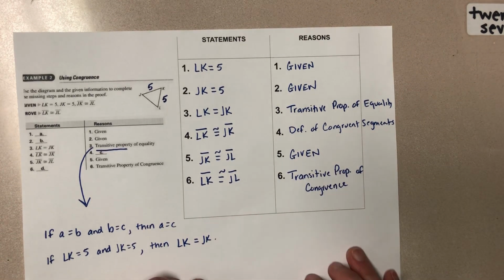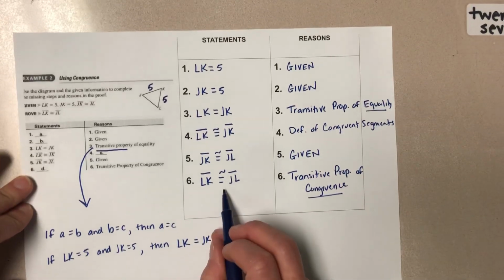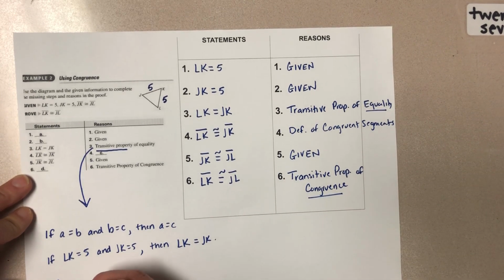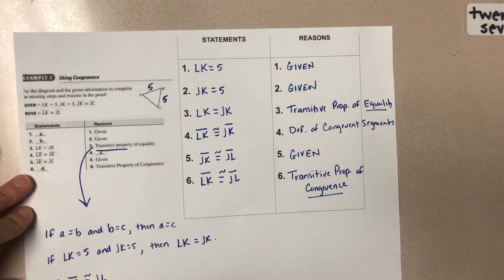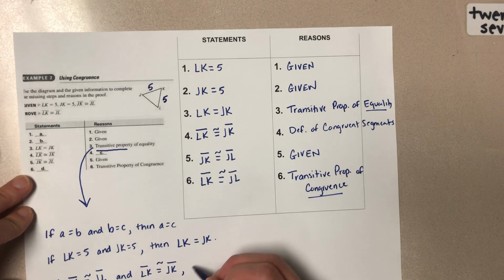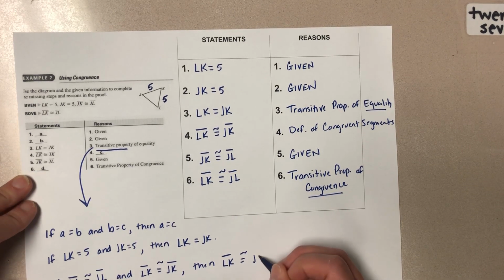And the reason we can say the transitive property here is used, and using congruency and not equality, is because we're looking at congruent line segments and not just lengths. So we can say that if the line segment JK is congruent to the line segment JL, and the line segment LK is congruent to the line segment JK, then we know that LK is congruent to JL.